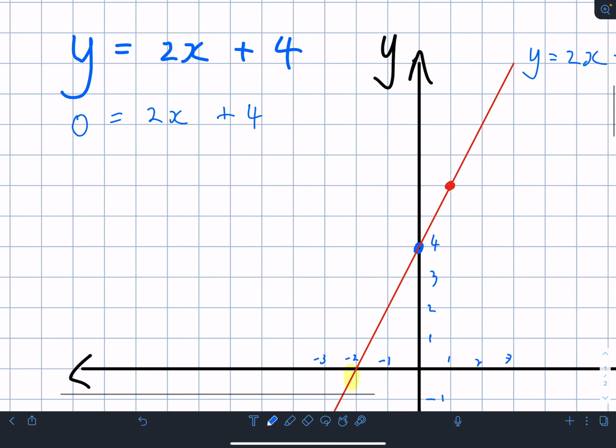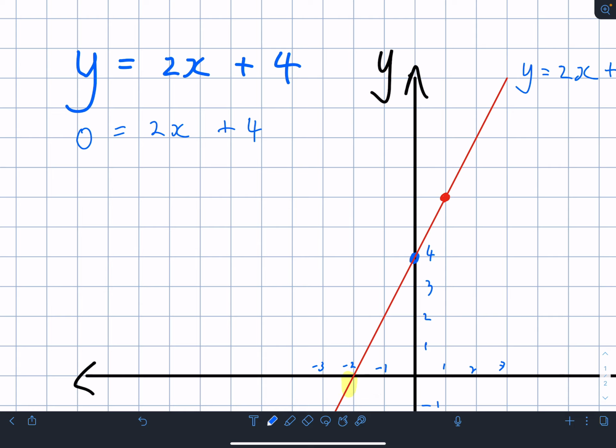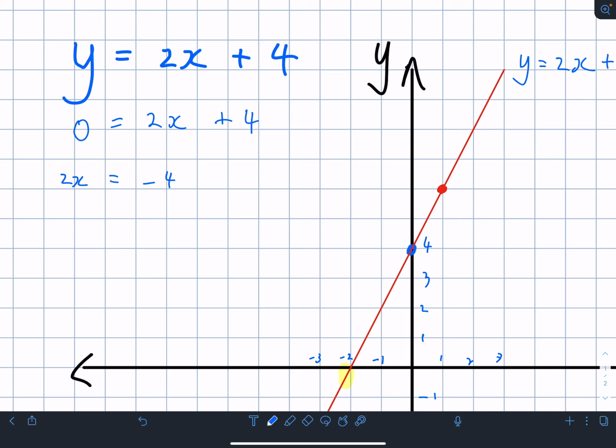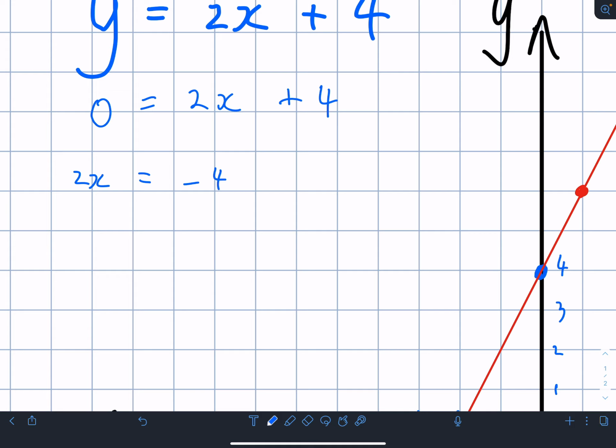So when y is 0, our y equals 2x plus 4 equation becomes 0 equals 2x plus 4. And we solve this, so we have 2x equals -4. Please watch the video on inverse operations if this is going to be a bit confusing for you, with -4 from both sides. And now we're going to divide both sides by 2. So we've got x equals -2.